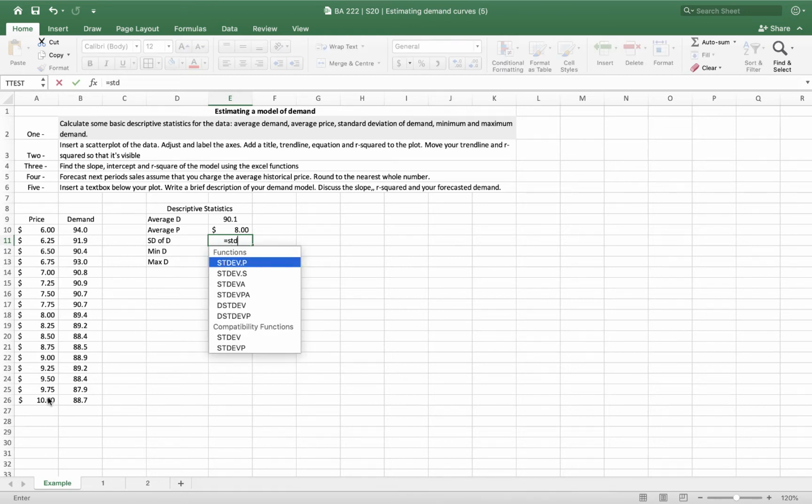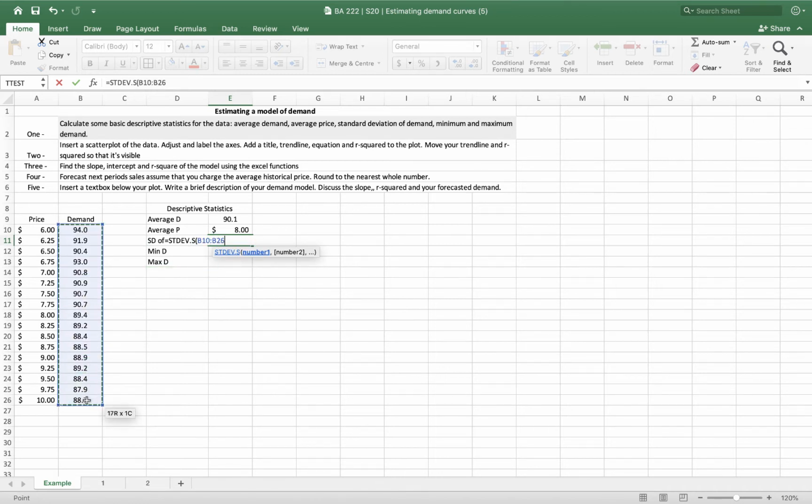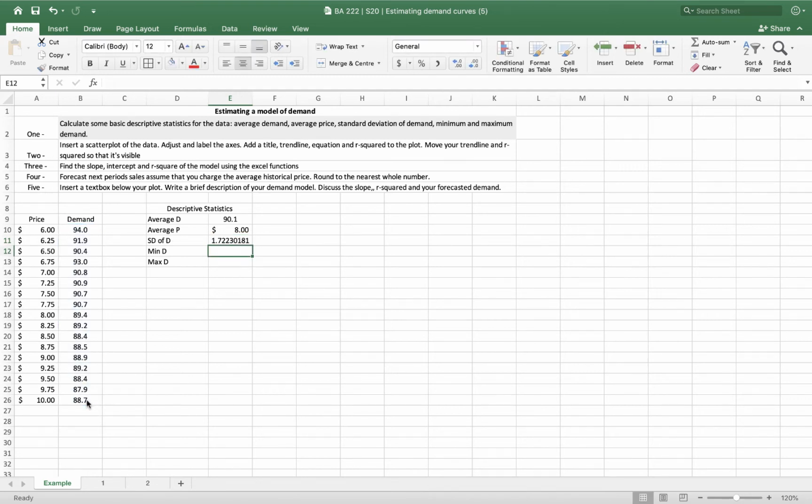The standard deviation of demand, when you start to enter STD for standard deviation, you get some choices, population or sample. I'm going to use sample because I'm assuming this is not all of the data that has ever existed on this. It's just a sample of that data. 1.72 is the standard deviation, and then our formula for minimum is equals min, and our formula for maximum is equals max.